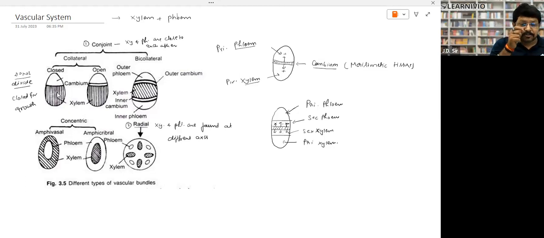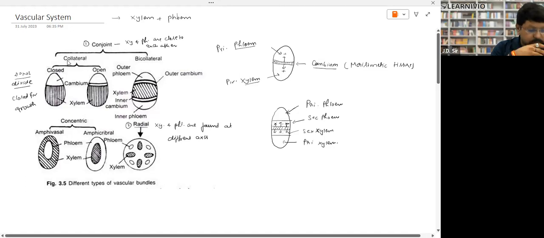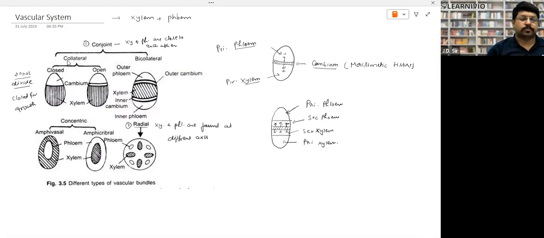That's why their stems are very thin. But mango has open vascular bundles, and neem has open vascular bundles. So their vascular bundles divide, and that's why their stem or trunk is thick. Clear? Okay, sir. Any more questions? No, sir.